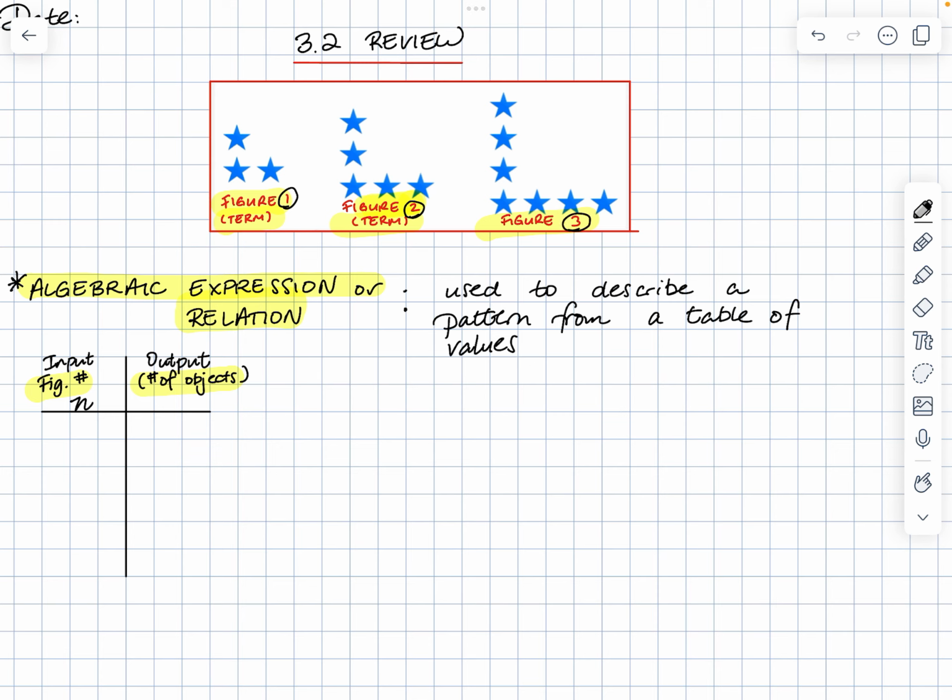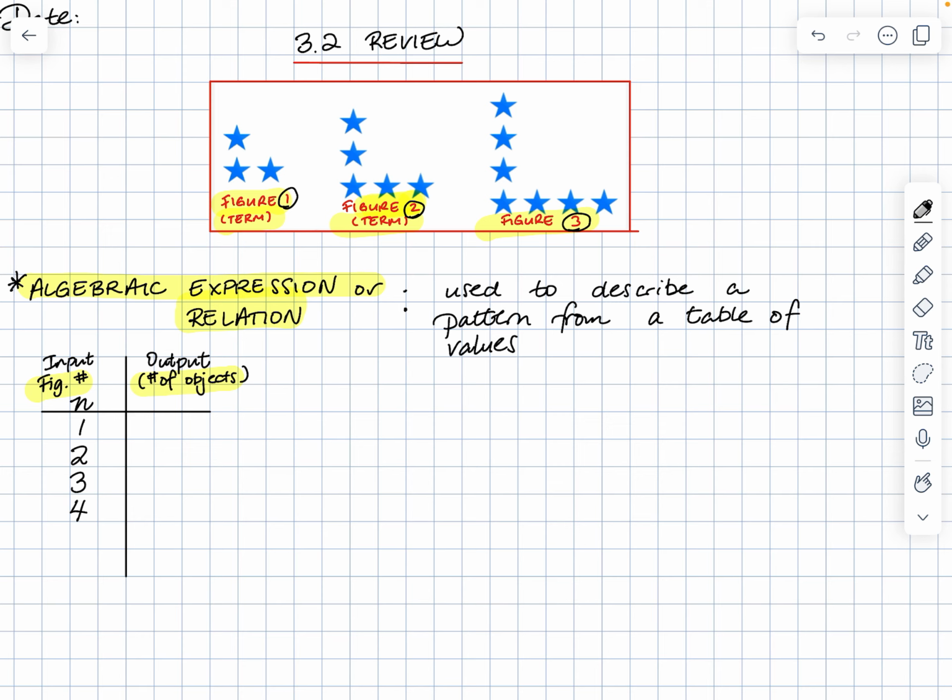We're taking that from figure 1, figure 2, figure 3. So you can do the same thing on your chart. Our input will be figure number 1, figure number 2, and figure number 3. I'm also going to write down figure number 4, too, because you should be able to predict how many objects there are in figure number 4 once we've determined a pattern.